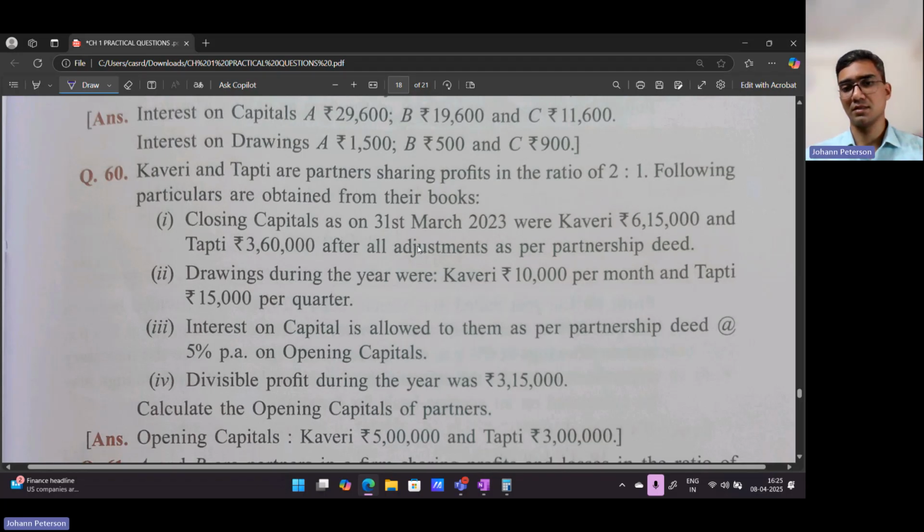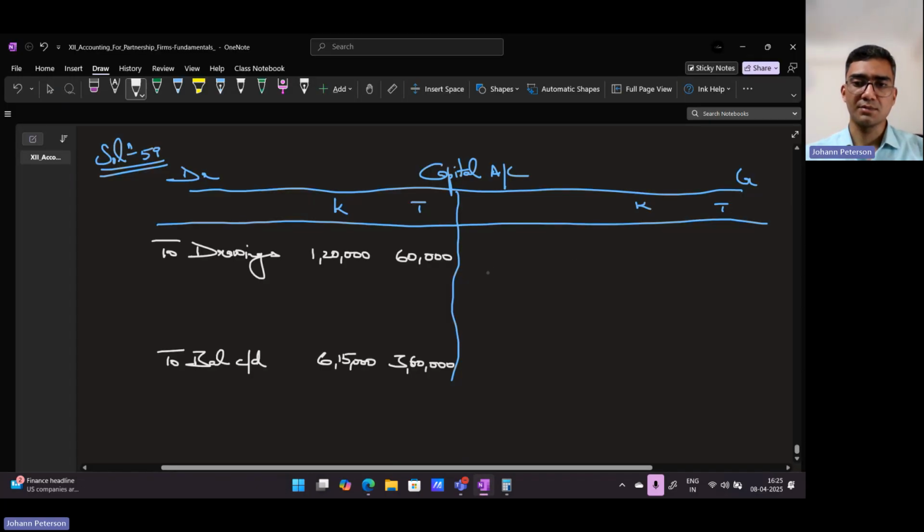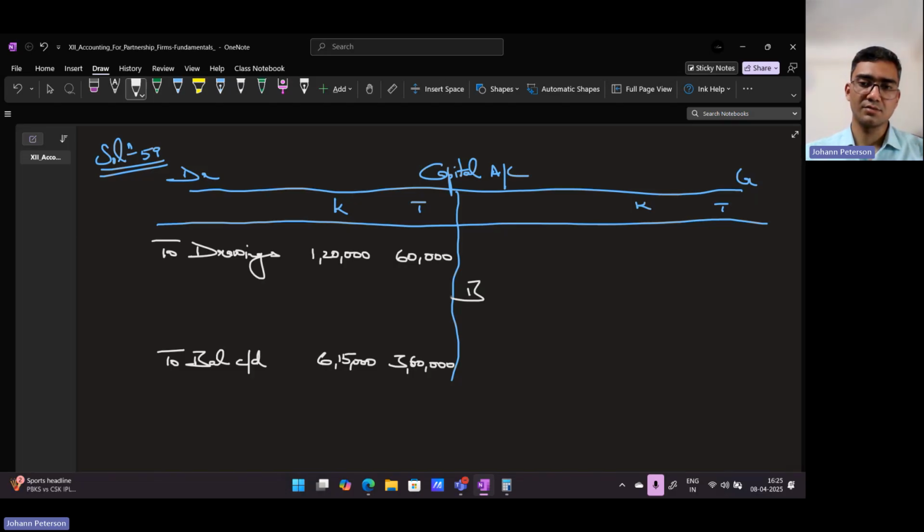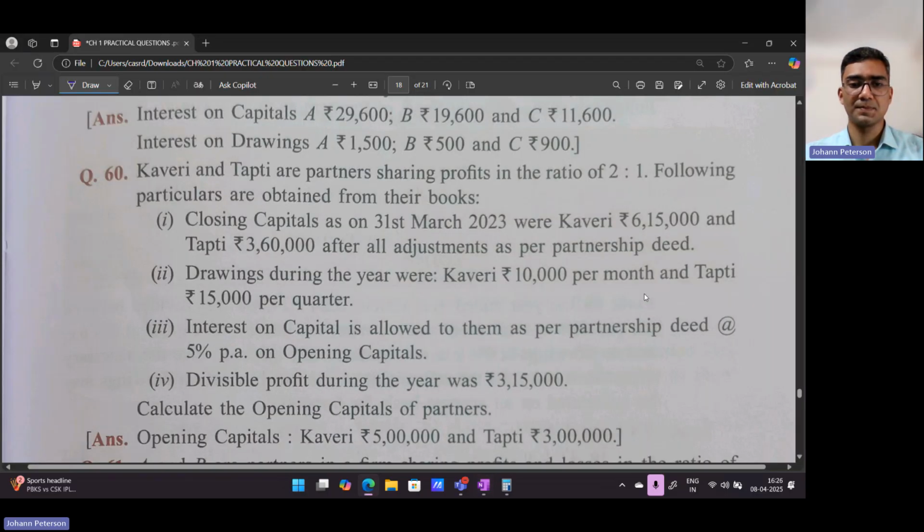Next, interest on capital is allowed to them as per the partnership deed at 5% on the opening capitals. Interest on capital will come on the credit side, so I will write this as by interest on capital. Now this is 5% on the opening capital.